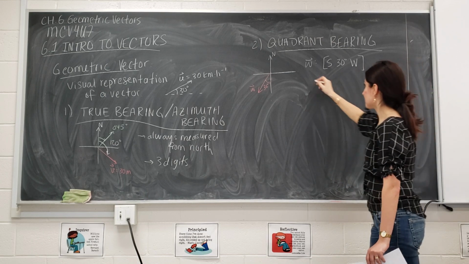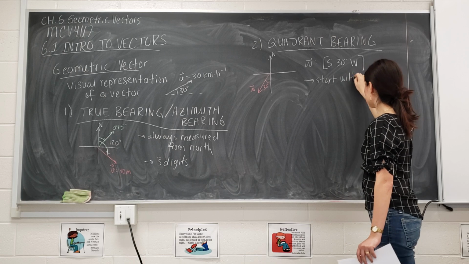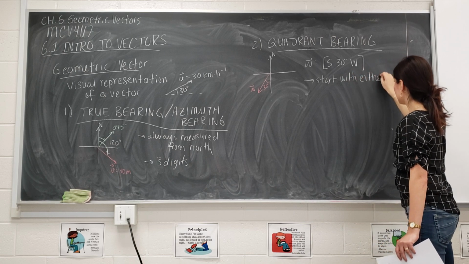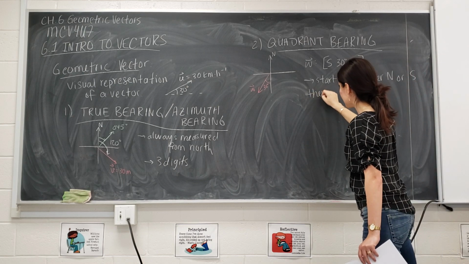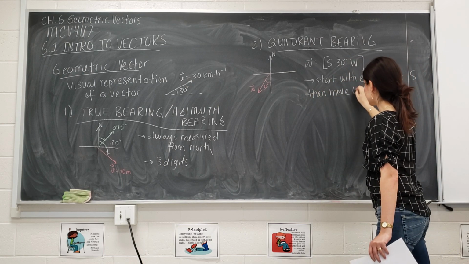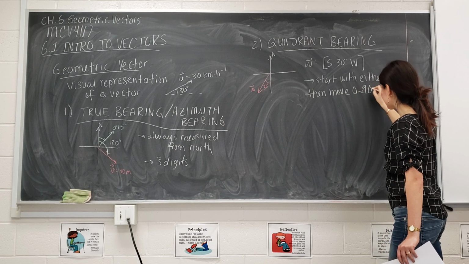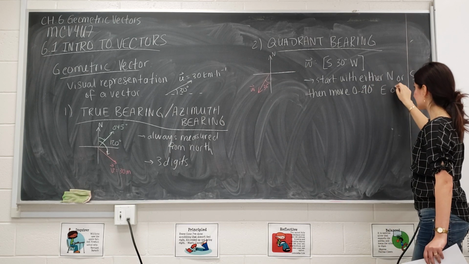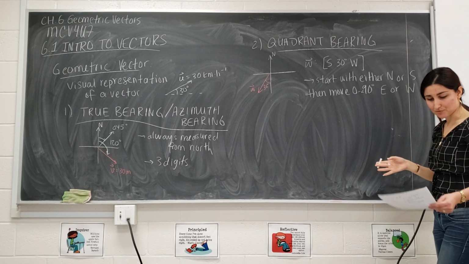With the quadrant bearing, you start with either north or south, then you move 0 to, well, not 90 degrees, but 0 to less than 90 degrees, east or west. Okay? So that's really all it is.